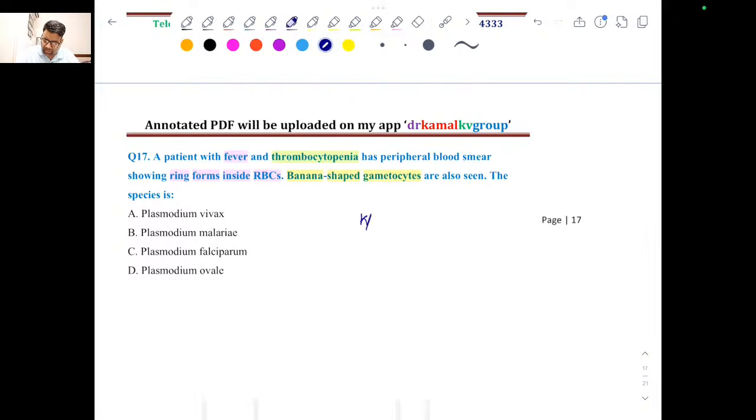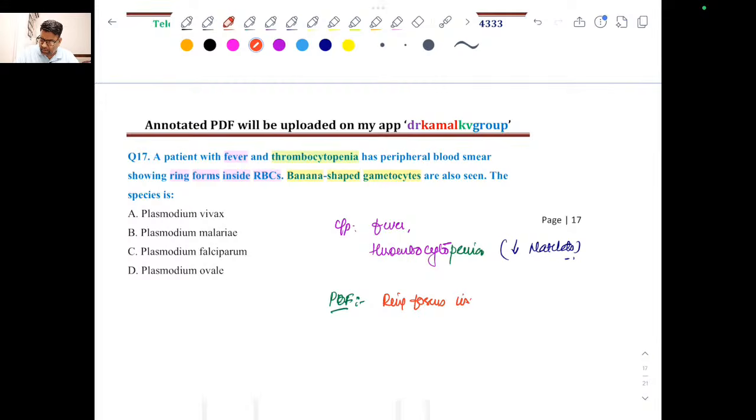So a case presenting with fever, thrombocytopenia, that is reduced platelets, clear, and peripheral blood film is showing ring forms within RBC.